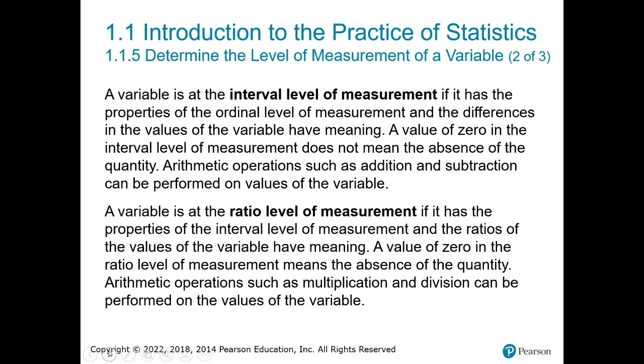I can actually calculate those differences. The problem on an interval is that 0 isn't 0. 0 is not the starting value. I may be able to go before 0, or I may be able to go negative, or 0 doesn't mean there's none. So an interval, I do not really have a starting point. 0 is not my starting point.